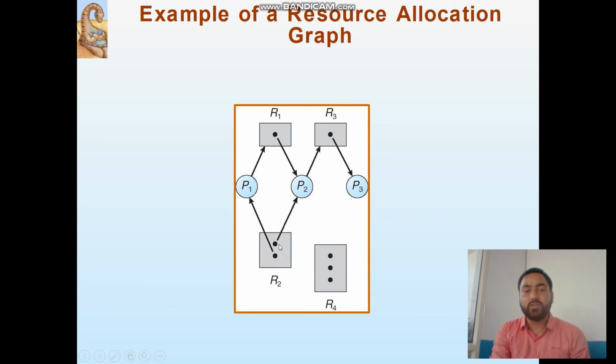Similarly, resource R2 is assigned to process P1 and process P2, because resource R2 has two instances, so it can be allocated to two processes at the same time. Resource R3 is requested by process P2 for its completion, but it is assigned to process P3. Resource R4 is not assigned to any process and neither is it requested by any process. So this is a resource allocation graph example through which you can demonstrate the situation in the system.